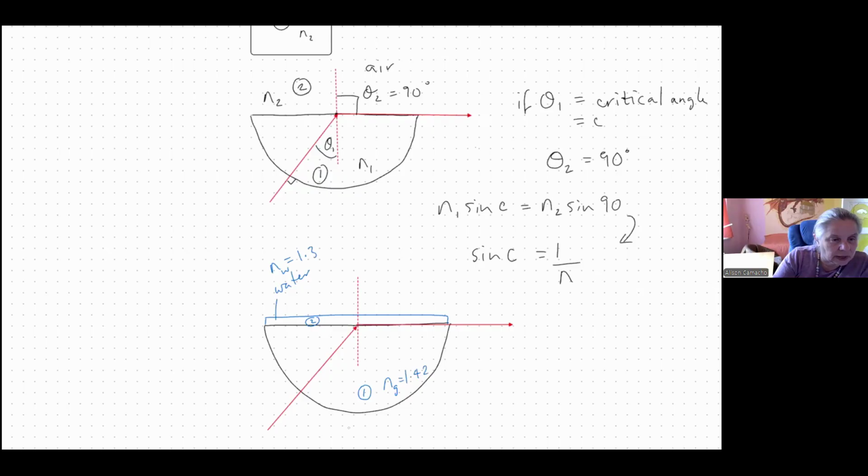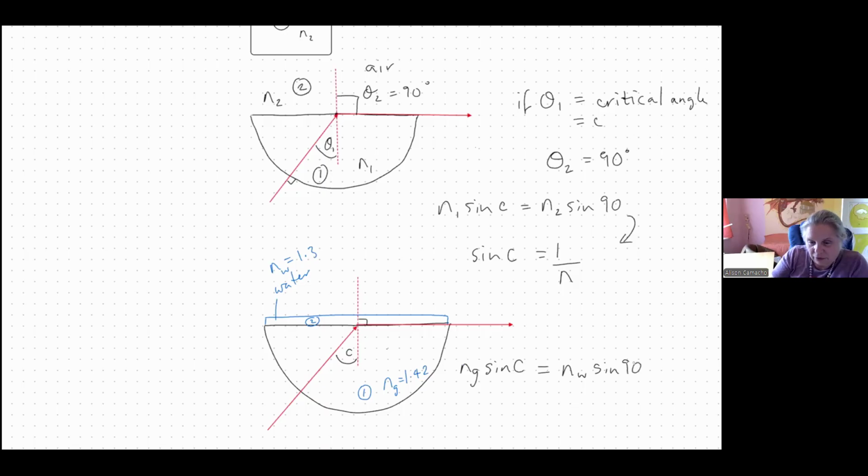Now if I say that this is my critical angle, my angle of refraction is 90, and I'm going to use N1 sine theta 1 equals N2 sine theta 2. Can you see that I get N for my glass, material 1, sine C equals N2, the refractive index for water, times sine 90.